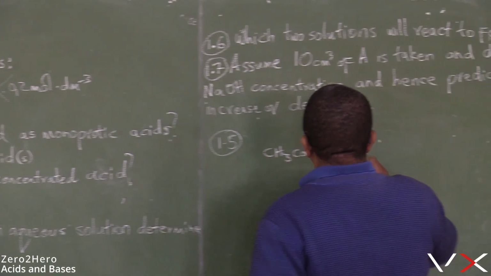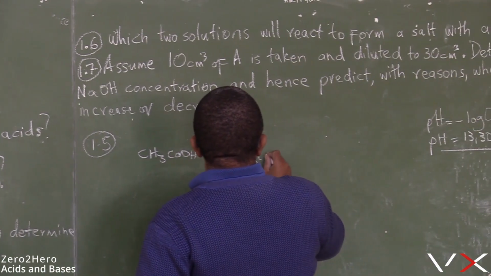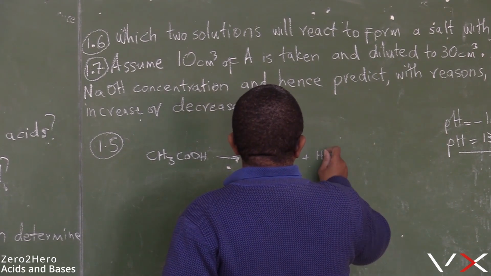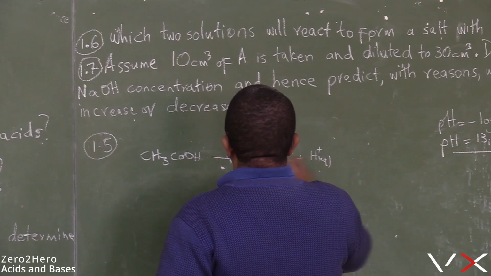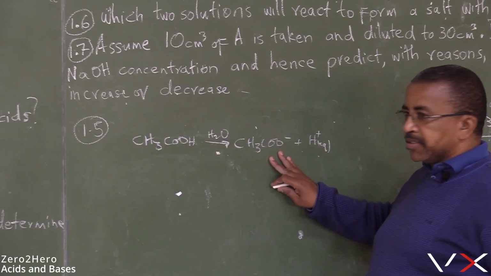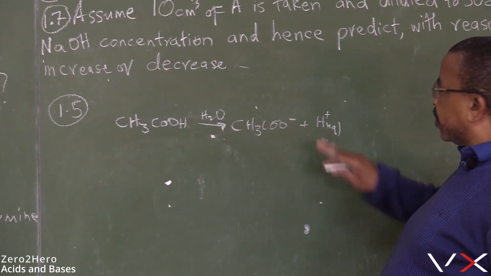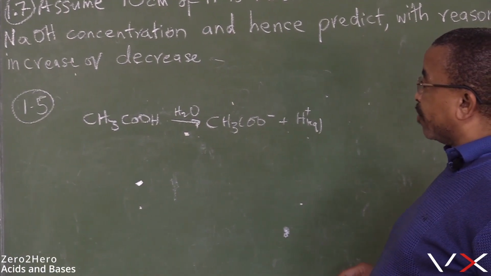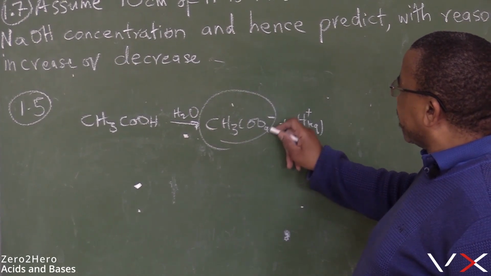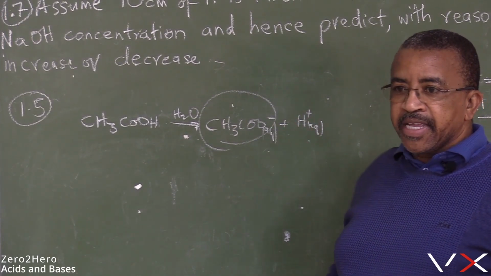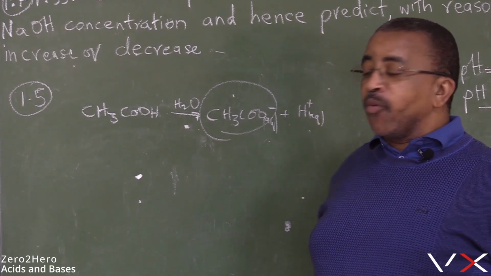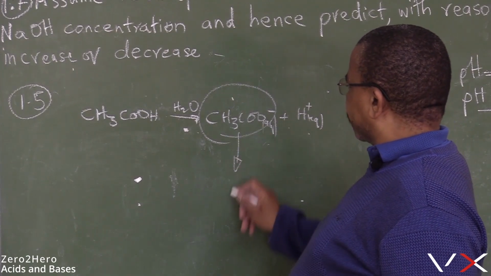it forms CH3COO minus plus H plus aqueous. Acetic acid in water gives us acetate ion. But now the problem comes: acetate ion in water is a strong conjugate base of a weak acid.